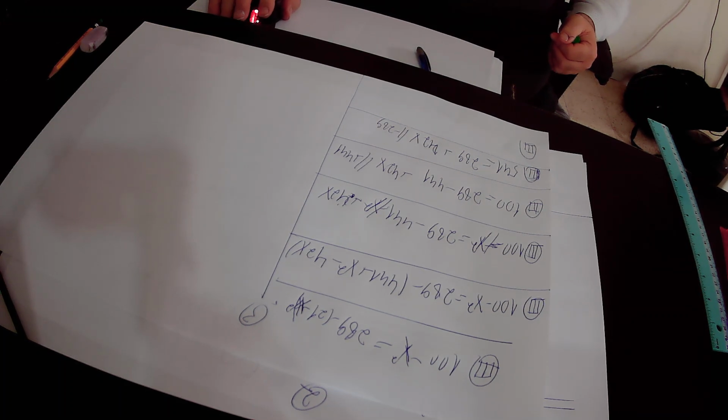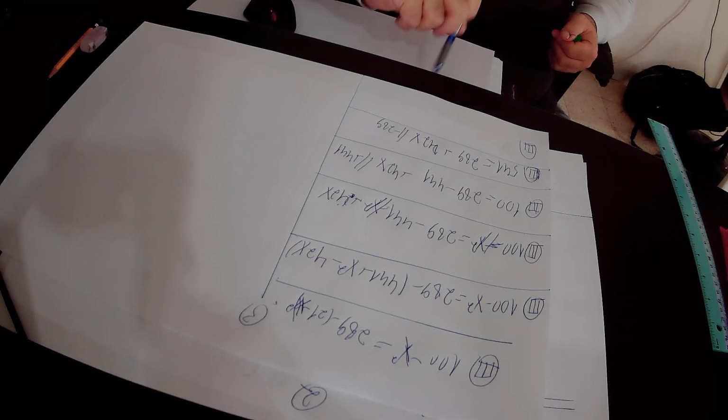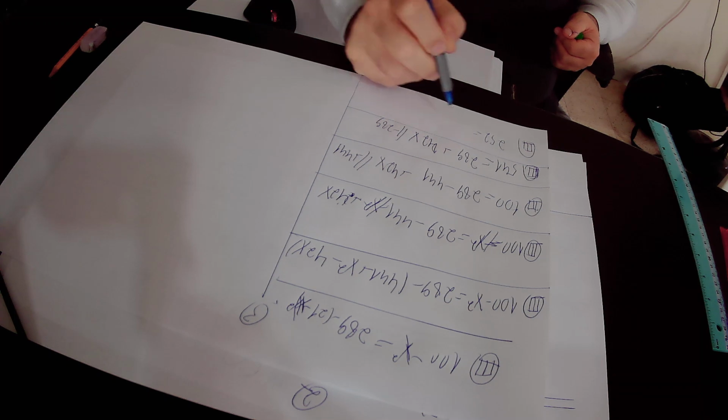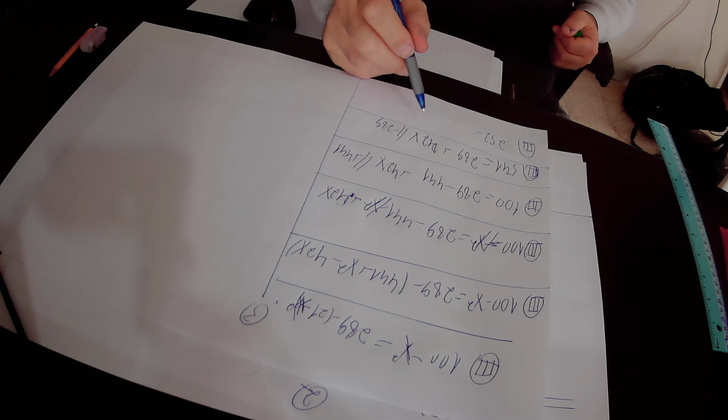So here we subtract 289 from this equation, equation 3, and finally we get that 541 minus 289 is equal to 252. And on the other side of the equation we are left only with 42x.